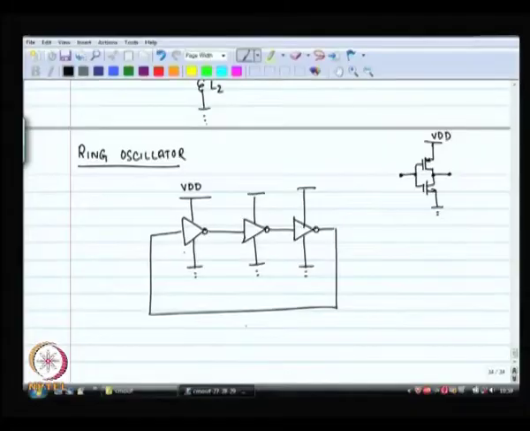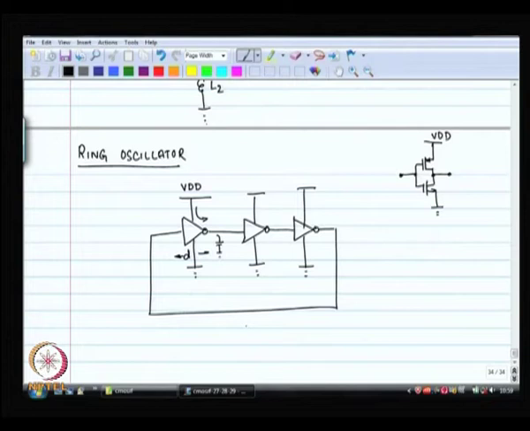All right. So, this is basically the idea. Let us say that each gate has a delay of d, each inverter has a delay of d. Where is this delay coming from? This delay is coming from the amount of current that the inverter uses up and the load capacitance.